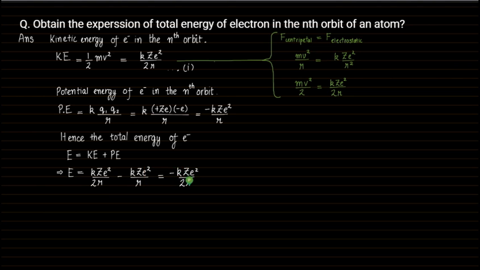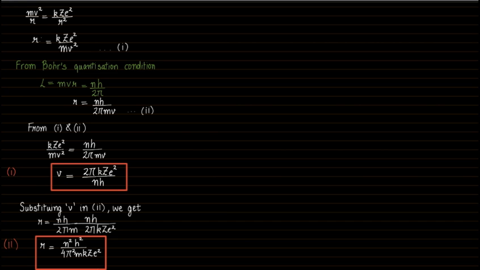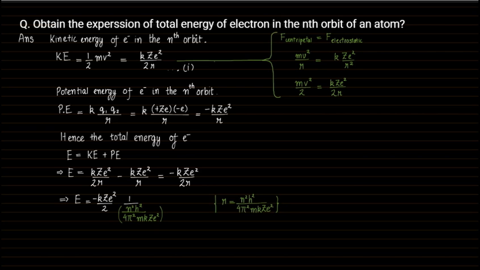Now as we had already derived the expression for the radius of the electron in the nth orbit, we'll use this formula. So instead of writing r, I will write n square h square upon 4 pi square mkZe square. Fine. Now this term which is in the denominator will go to the numerator.